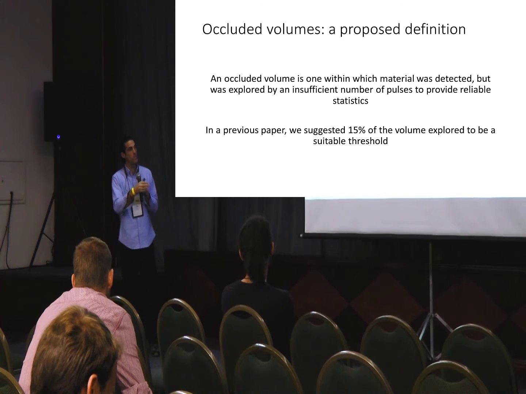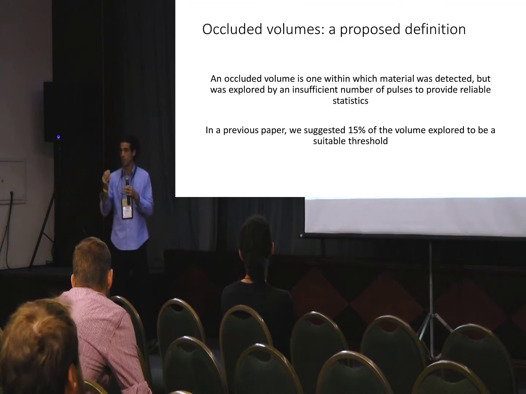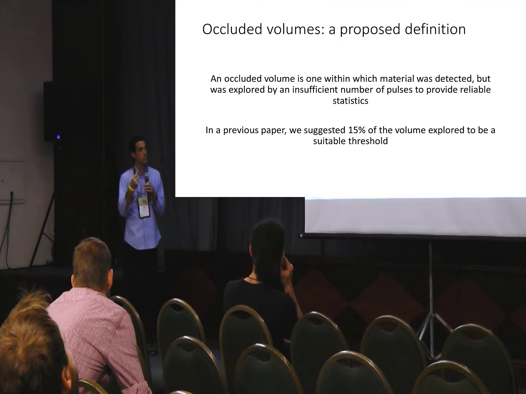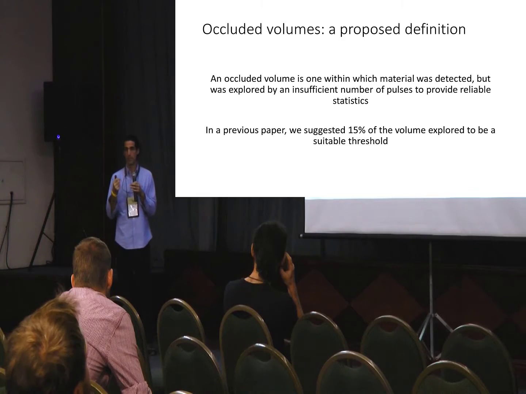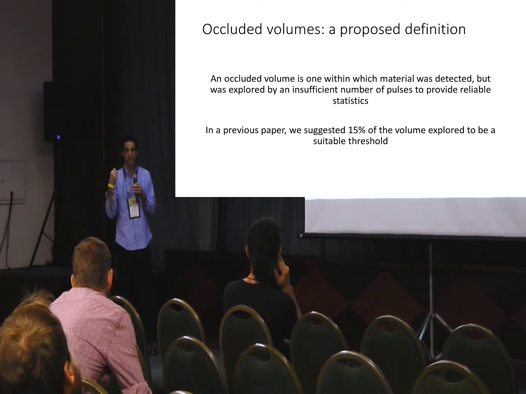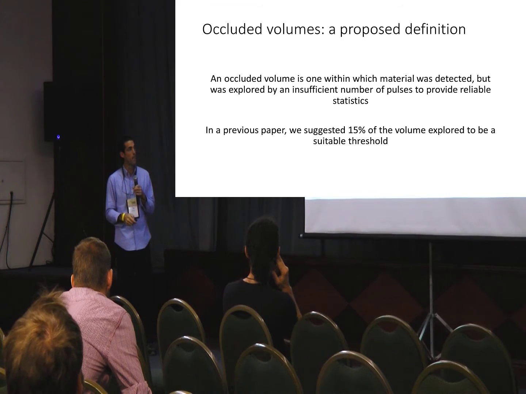So the definition I'm proposing here is that an occluded volume is something where at least one pulse hits something. So you know there's material in there, but there's too few pulses that went in to derive meaningful statistics. So this is the way I'm defining occluded areas.